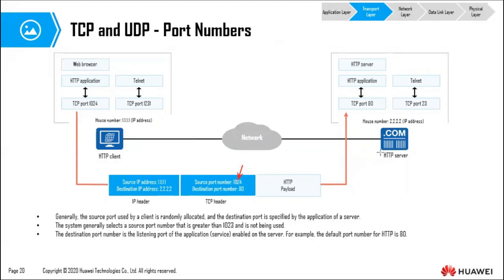Now, because you're going to a web server, which is HTTP, the destination TCP port number is going to be port 80. On the other hand, this HTTP server has been configured to listen on port 80. Are we together? So that's what we're calling listening. So it will get the request.